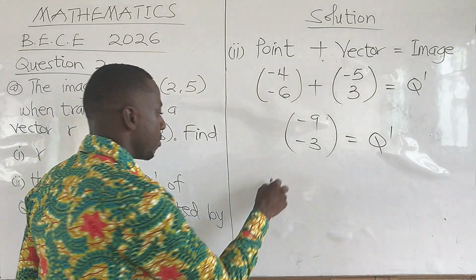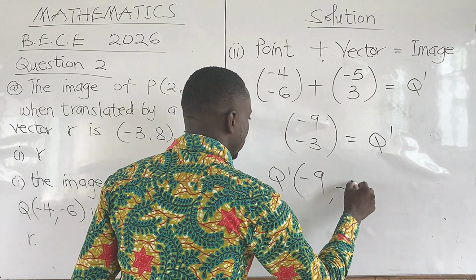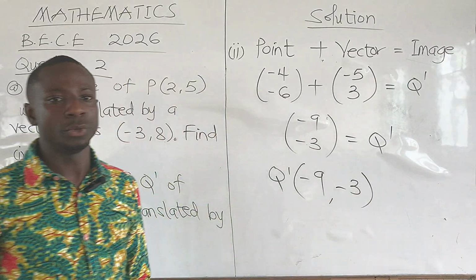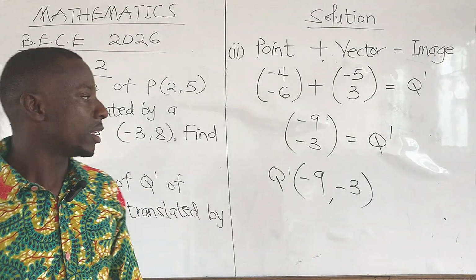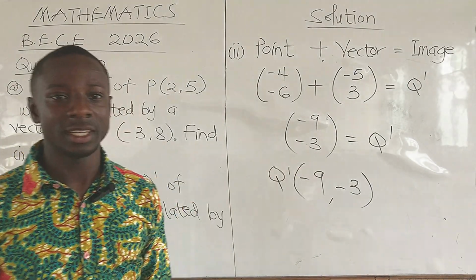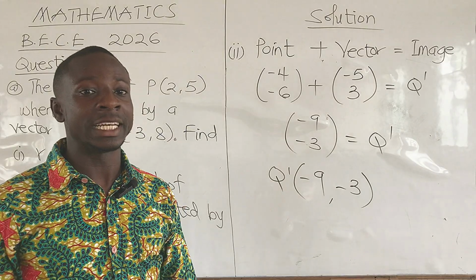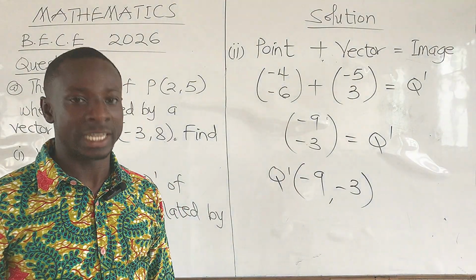So here, my K prime, (-9, -3) will be the final answer. For question 2a, please here do not cancel out because this is not a fraction. We have written it in a vector form, so we don't cancel out the negative.